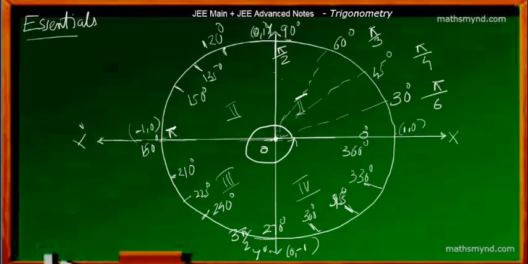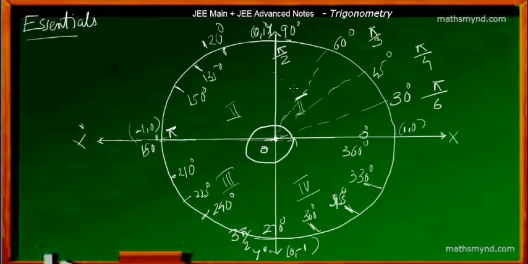So what we are going to do is simply write the measures on small. What is meant by writing the measures on small? We know that the first quadrant is, as we can see, divided into three important angles, that is 60 degrees, which is pi by 3, pi by 4, and pi by 6.